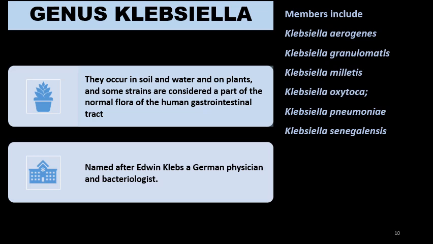The organism was initially named after Edwin Klebs, a German physician who isolated the organism, hence the name Klebsiella. And ever since then, Klebsiella has been known prominently as a member of Enterobacteriaceae, which has been implicated in so many cases of infection.